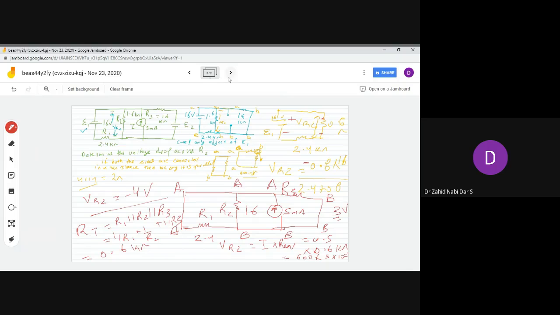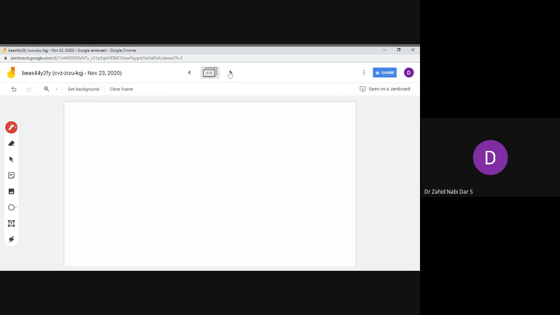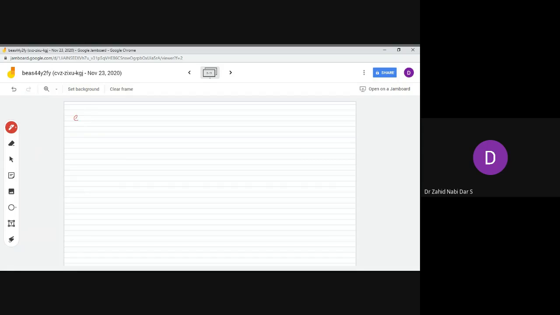So here in the problem we have seen the effect of E1. When you are taking E1, the voltage VR2 is minus 4 volt. When you are taking I, the voltage VR2 is 3 volt. Now you have to take E2.